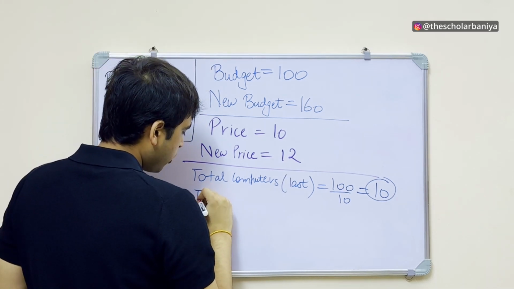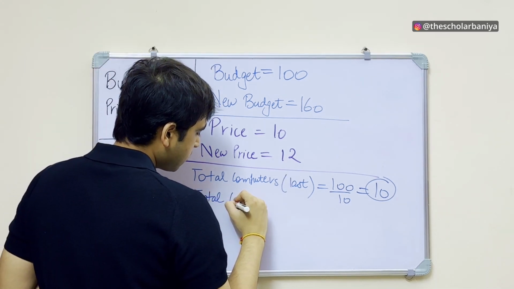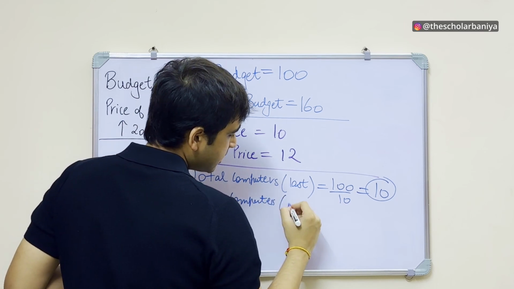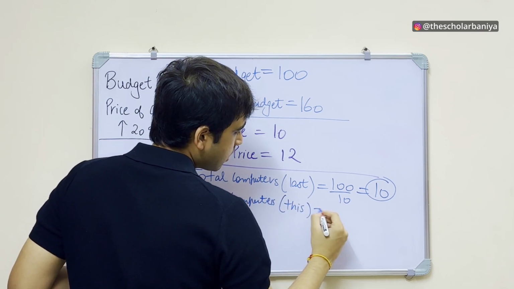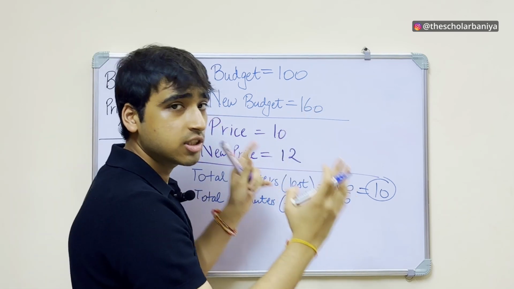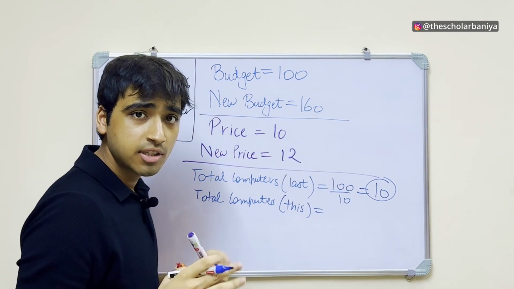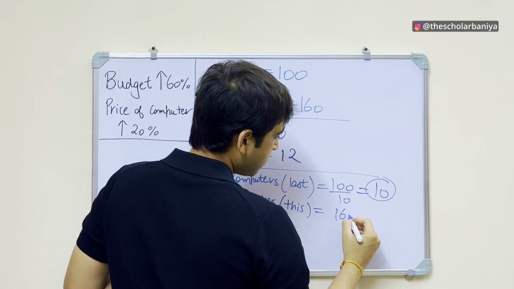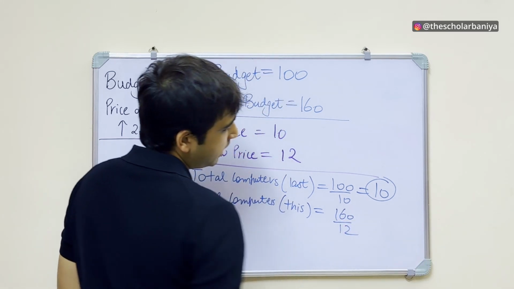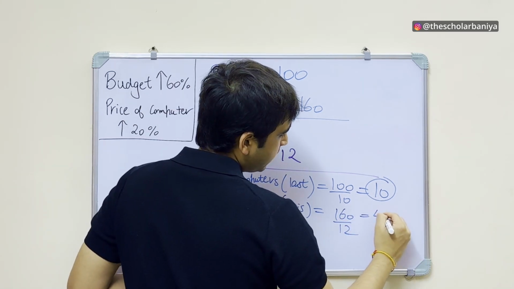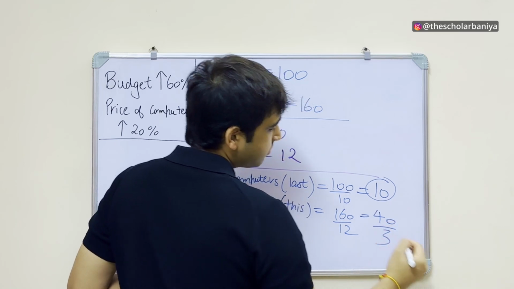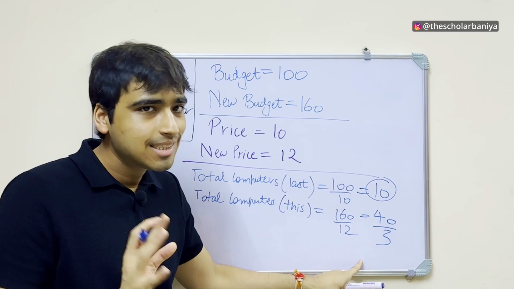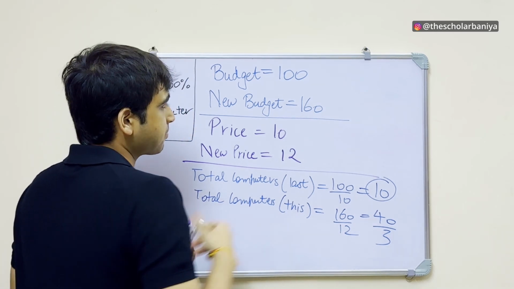And total computers this year is how much? The total new budget is 160 and the price of each computer is 12. So that becomes 160 divided by 12, right? So this comes out to be 40 upon 3. I know the computer can't be in decimal form, but let's keep it like this for now, right?